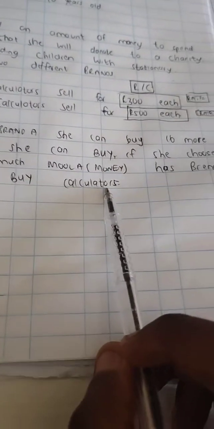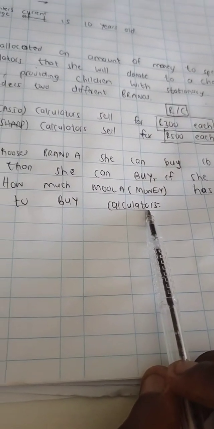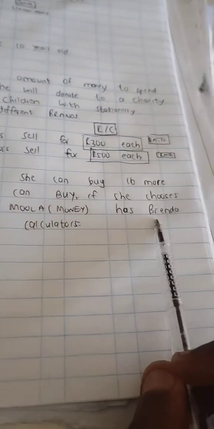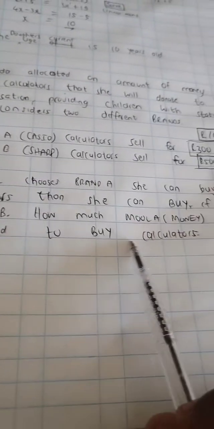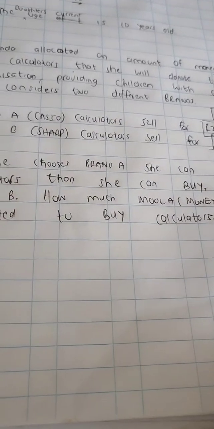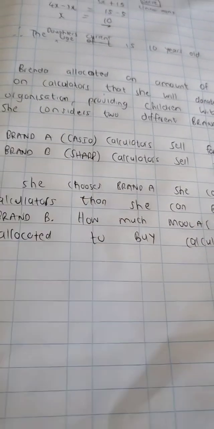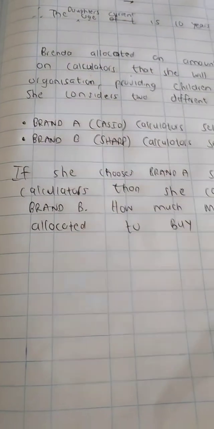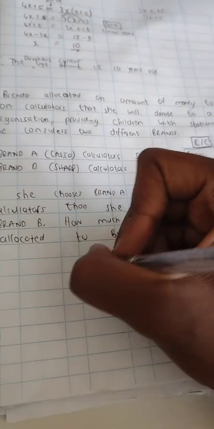How much money has Brenda allocated to buy calculators? Yeah. How much money has Brenda allocated to buy calculators? So that is like the total amount Brenda would have allocated. Very good, Brenda. So yes, Brenda, you are 100% correct.